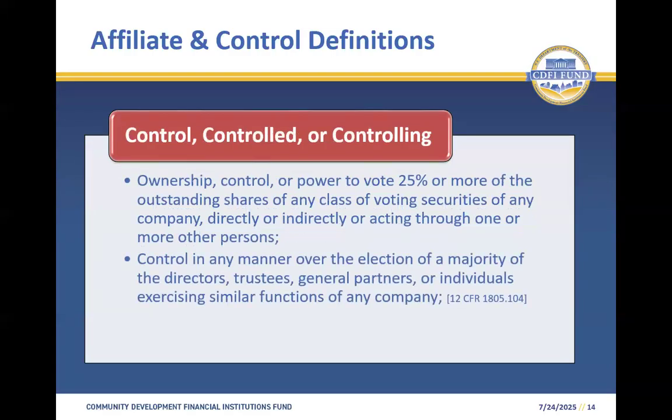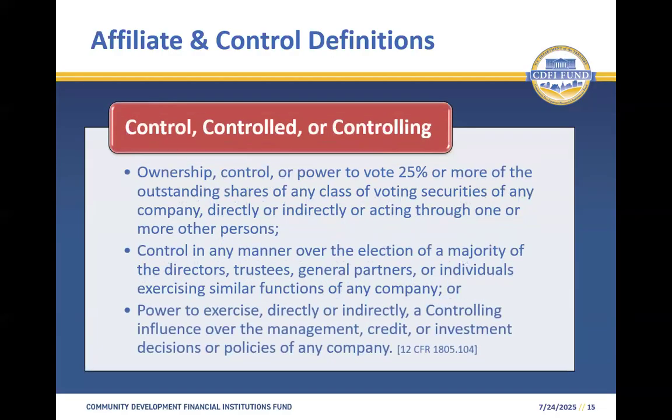The second condition of control is control in any manner over the election of a majority of directors, trustees, general partners, or individuals exercising similar functions of a company. The last condition is power to exercise, either directly or indirectly, a controlling influence over management, credit, or investment decisions or policies of any company. And this definition is coming straight from our regulation.